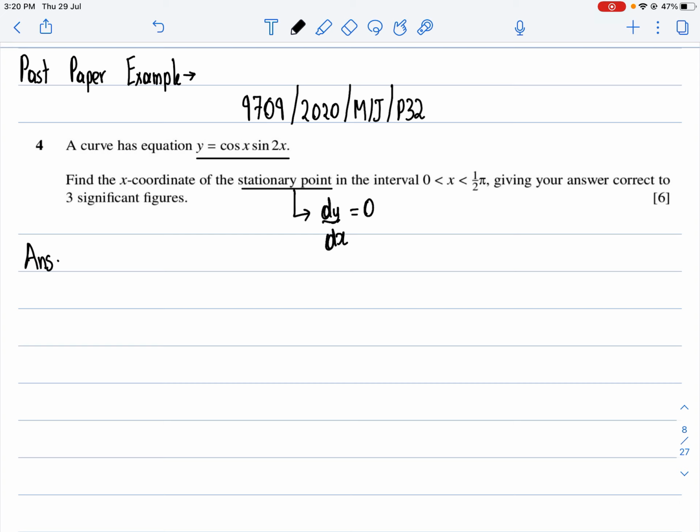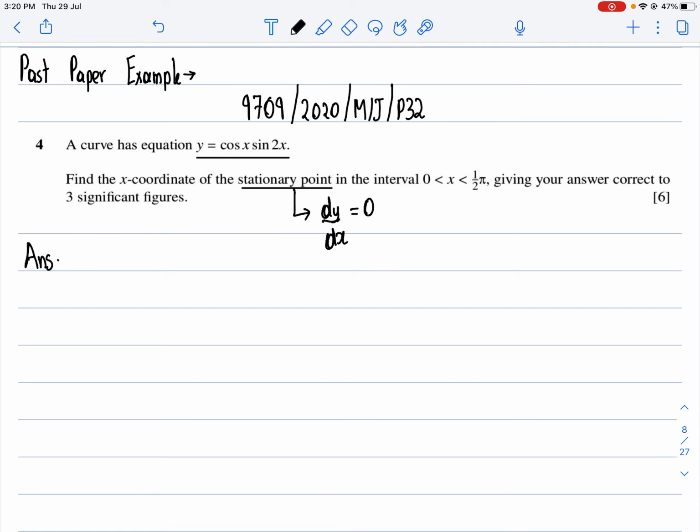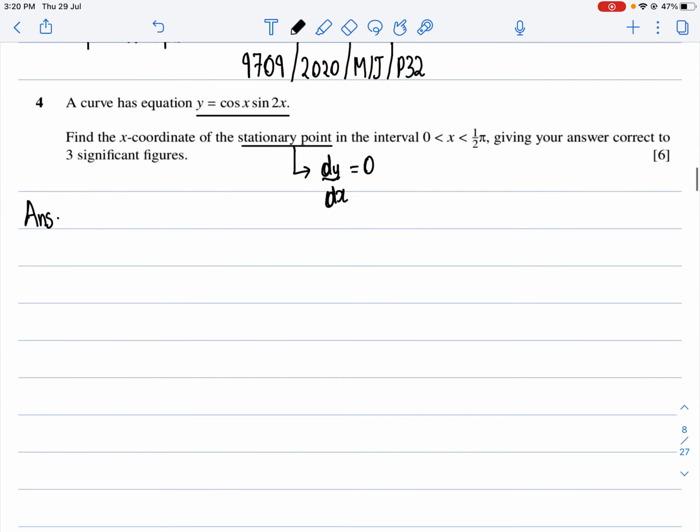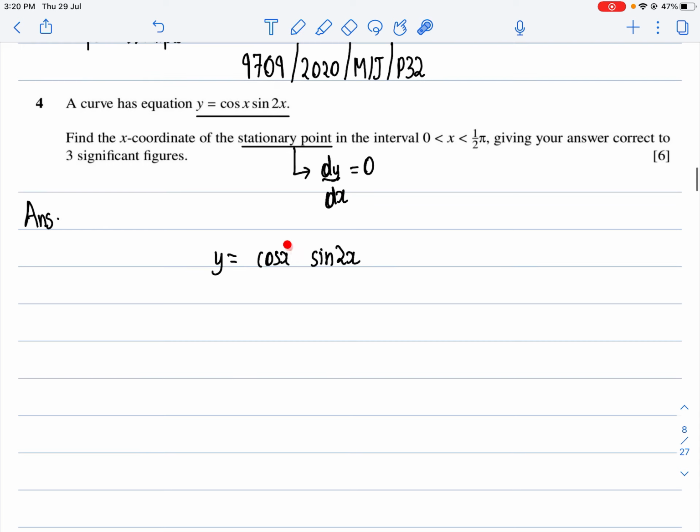So coming back to the question, we need to find the x coordinate of the stationary point in the interval where x lies between 0 and half pi, giving the answer to 3 significant figures. So here we have y equals cos x sin 2x. Correct? As you can see, this is a function multiplied by another function.